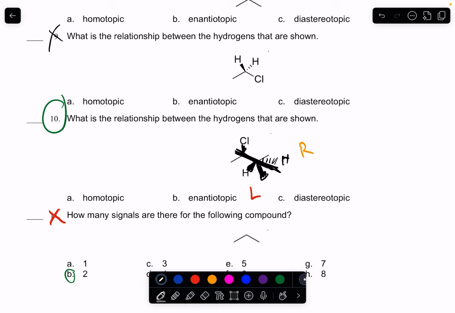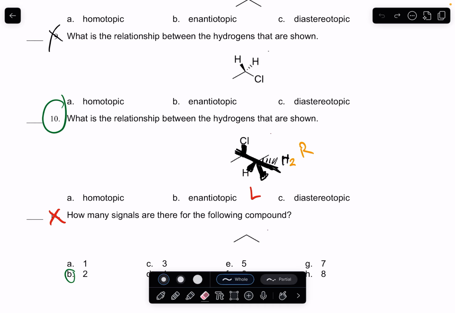And so, let me see. We have a chlorine over here. This chlorine is the deciding factor between if H1 and H2 are anisotropic. Because there's a chlorine on one side and it is not counterweighted by another chlorine on the other side, aka if there was a wedged or dashed chlorine, this makes the hydrogen here and here different.